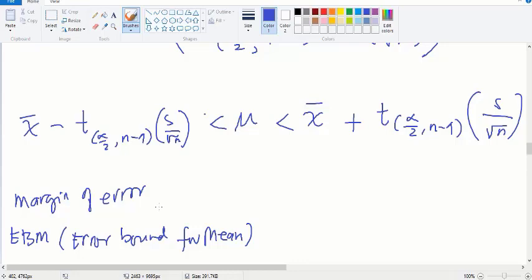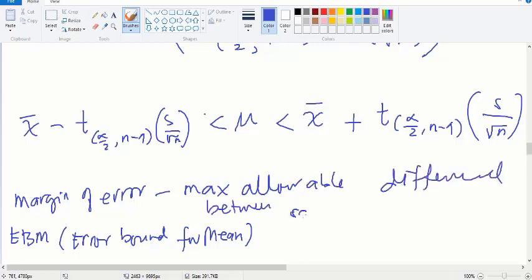Kasi nga, statistics knows na hindi accurate yung nakukuha niya na number. It is not exact, hindi siya yung true value, although it aims to be close enough to the true value. Ang margin of error is the maximum allowable difference between the sample and the true value. So, that is the EBM, or margin of error.